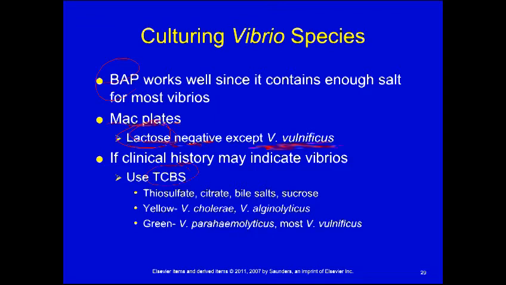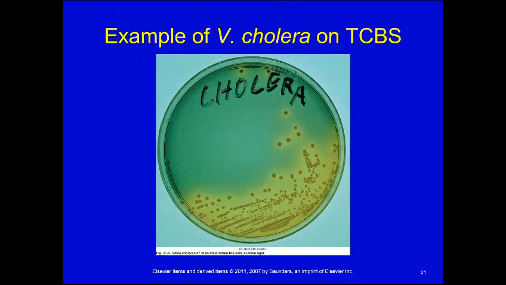Okay? Now, this is an example of your cholera on your TCBS. Look at that colony, yellow. So, it's V. cholerae. Ano pa yung isa pa na magye-yellow sa TCBS?